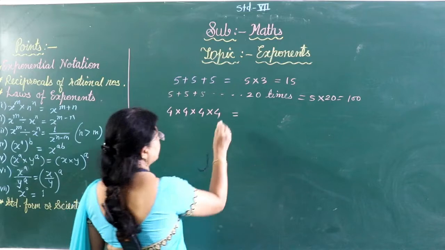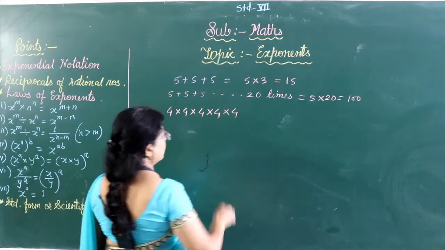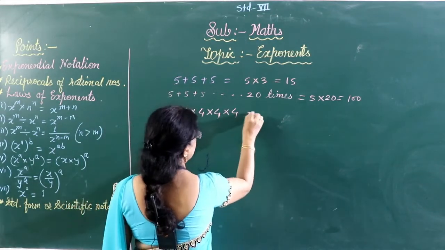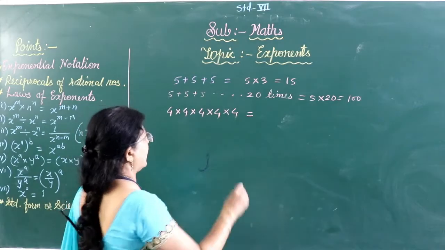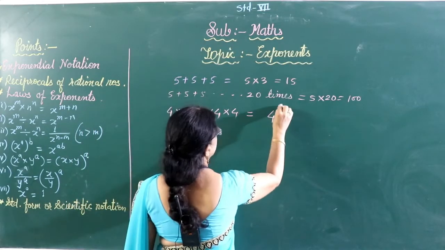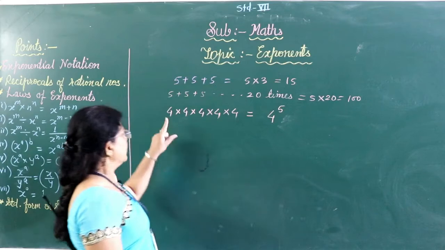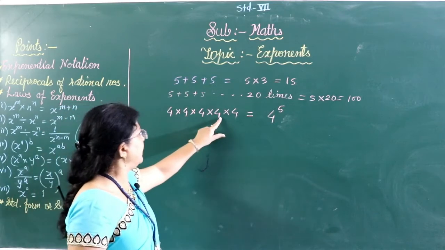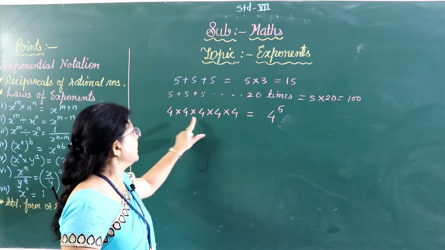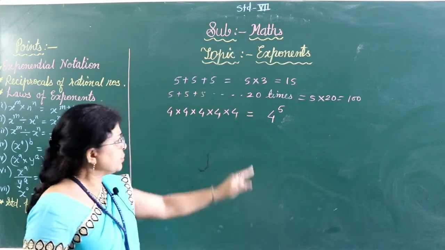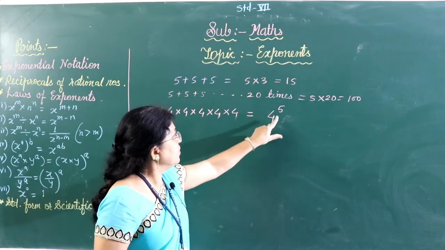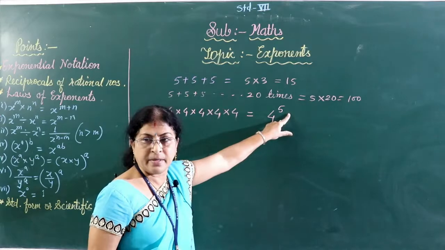I can write one more 4, so that no confusion is there. So this can be expressed as 4 raised to the power 5. See, the same integer 4 is multiplied 5 times, right? So this can be expressed as 4 raised to the power 5.